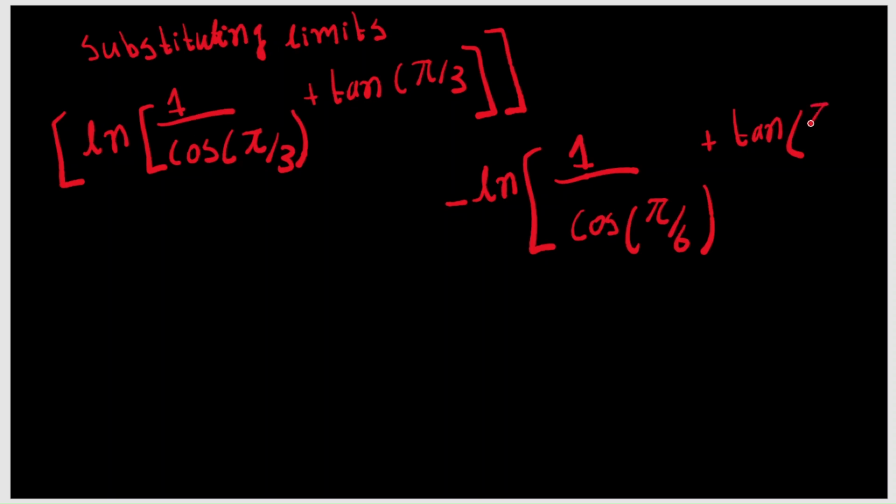So let's pick up a calculator and see. 1 over cos pi by 3 is simply 2. Now let's see what tan pi by 3 is. It's under root 3.